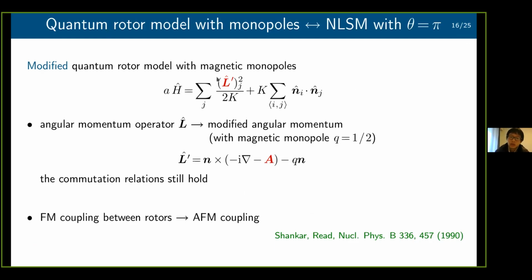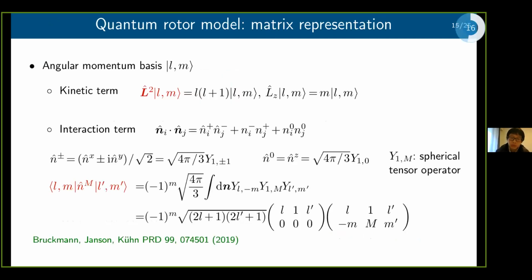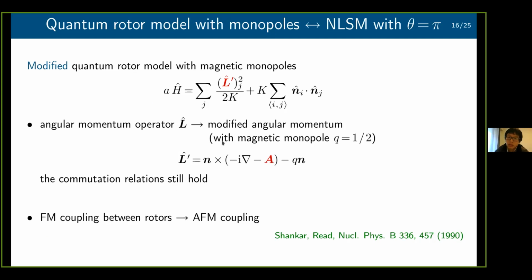Basically, you only need to modify the original angular momentum to a modified angular momentum operator by attaching a magnetic monopole to this angular momentum operator. After this modification, the commutation relations will still hold. This basically means this is still a well-defined angular momentum operator.